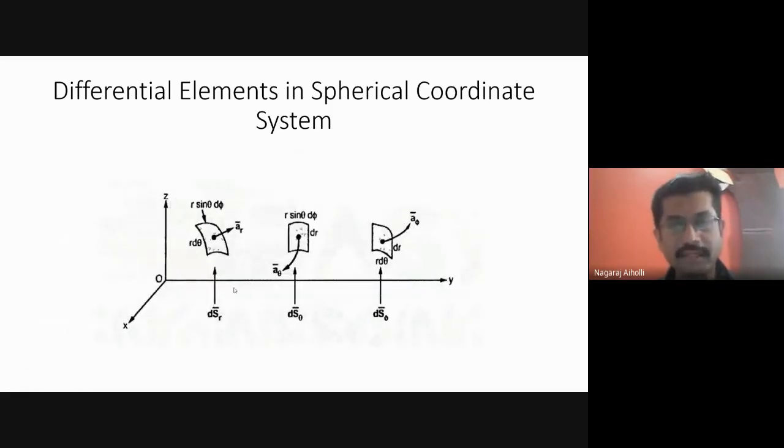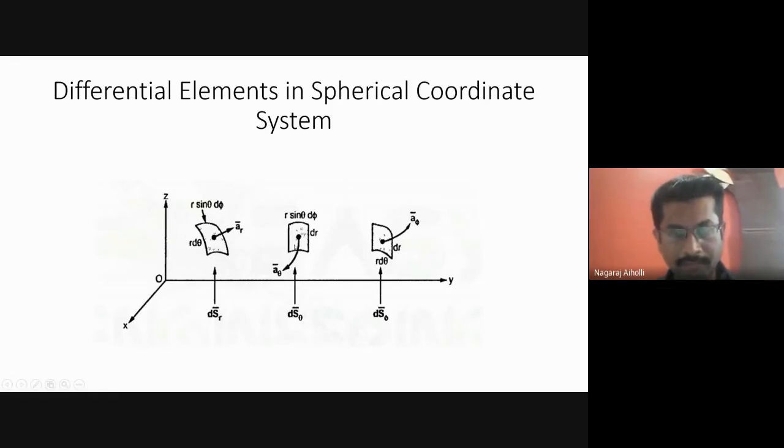Similarly, for the other one, ds theta bar, this is r sine theta d phi and this is the radius vector dr. With this being for phi and this for r, the remaining perpendicular direction is theta, so the unit vector is a theta bar.